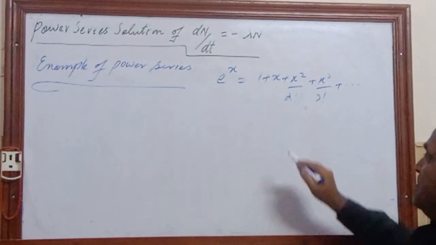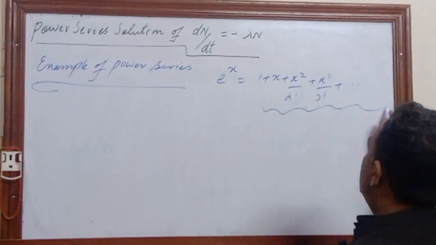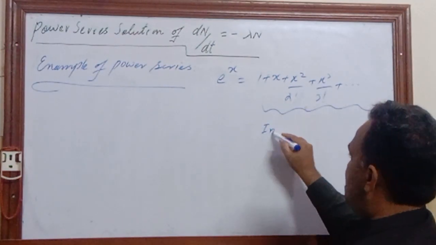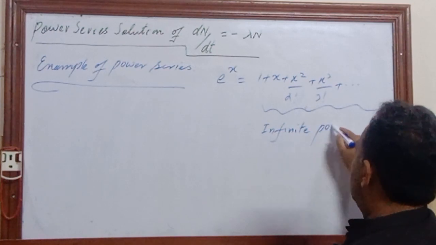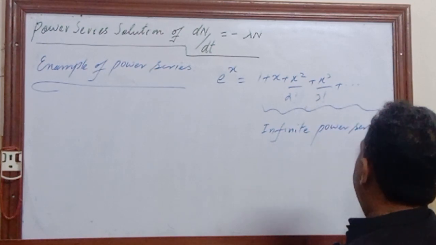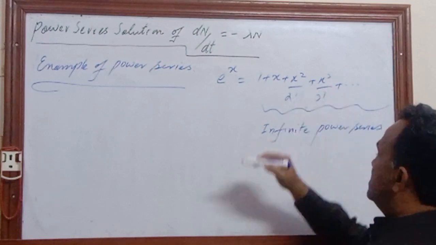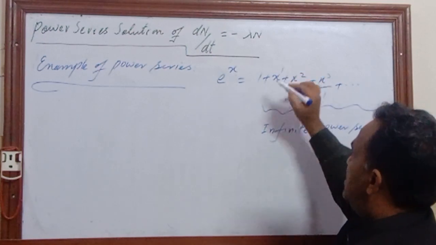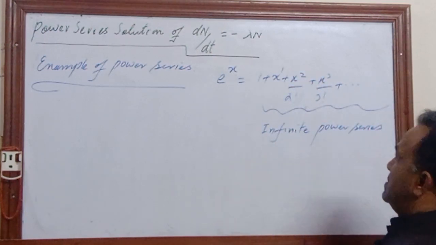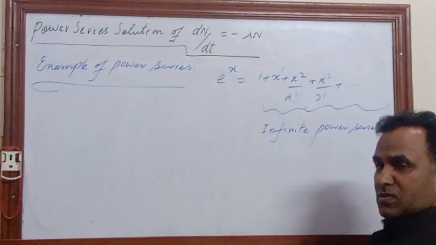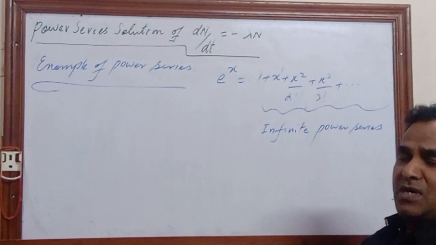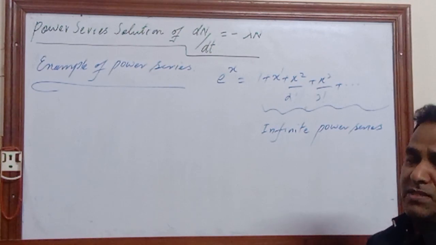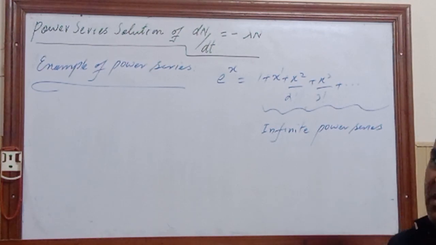So this is an infinite power series, because here the terms are actually the powers of x divided by some factorial values. So this series is involving the powers of x. Okay, so that's why this is called a power series. And there are also other examples you can think about.